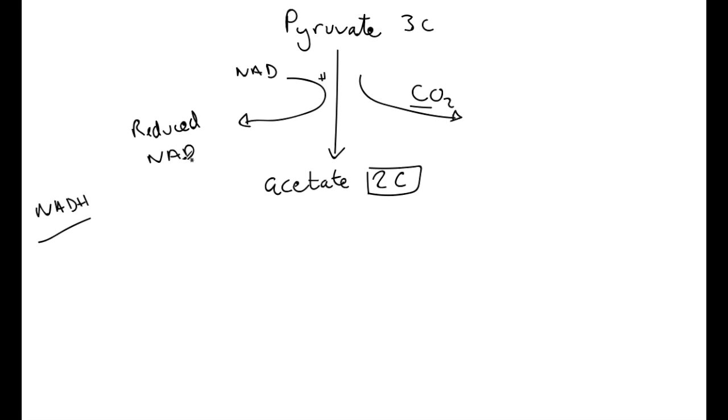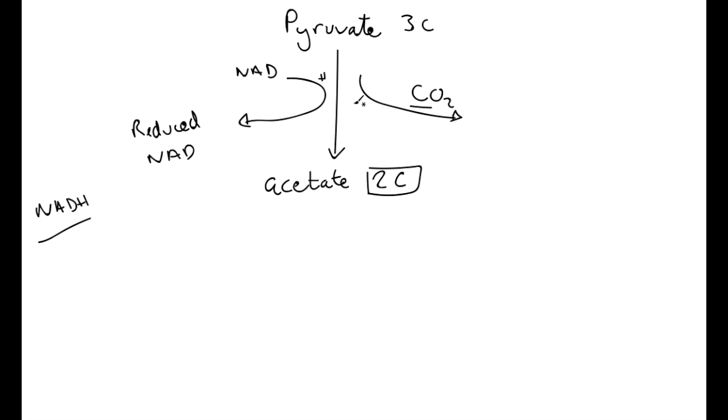In the A-level specifications, it's reduced NAD, but you will get acknowledgement for writing NADH. And basically, this reduced NAD takes this hydrogen to another stage in cellular respiration, oxidative phosphorylation, which we don't come to yet. It's the last stage. But this is a product of the link reaction. And that's how we get to acetate.